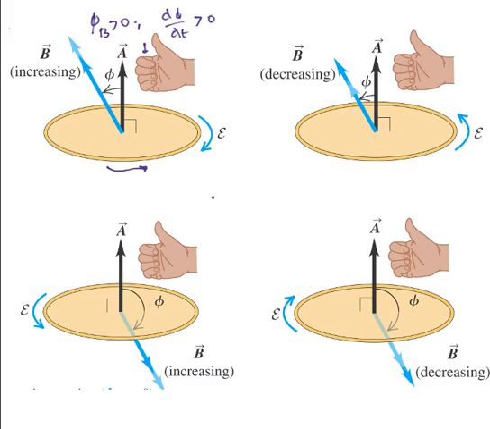And what the overall equation says is the induced EMF is minus the number of turns, which is clearly 1 in this case, times the change in the magnetic flux with respect to time. So what we've seen in this particular case is this is positive. So in the end, the EMF is negative, and that means that the EMF is in the opposite direction that we chose when we put our thumb up.